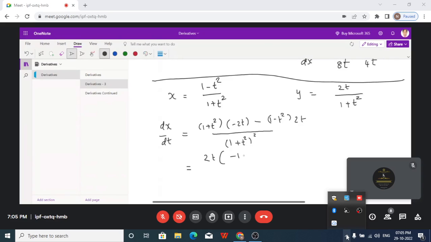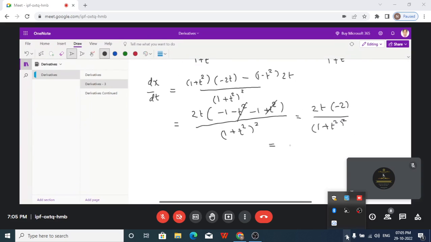2t into minus 1 minus t square minus 1 plus t square, over 1 plus t square, equal to 2t into minus 2, equal to minus 4t divided by 1 plus t square whole square.